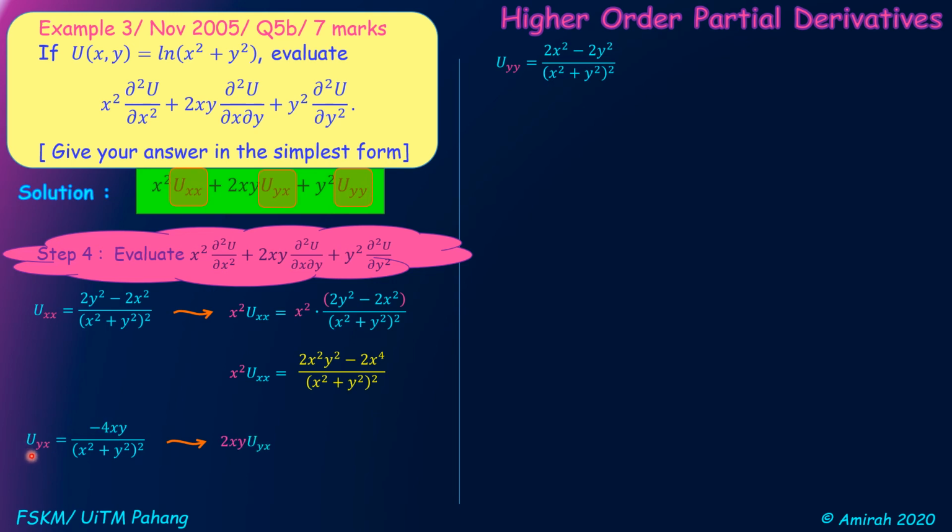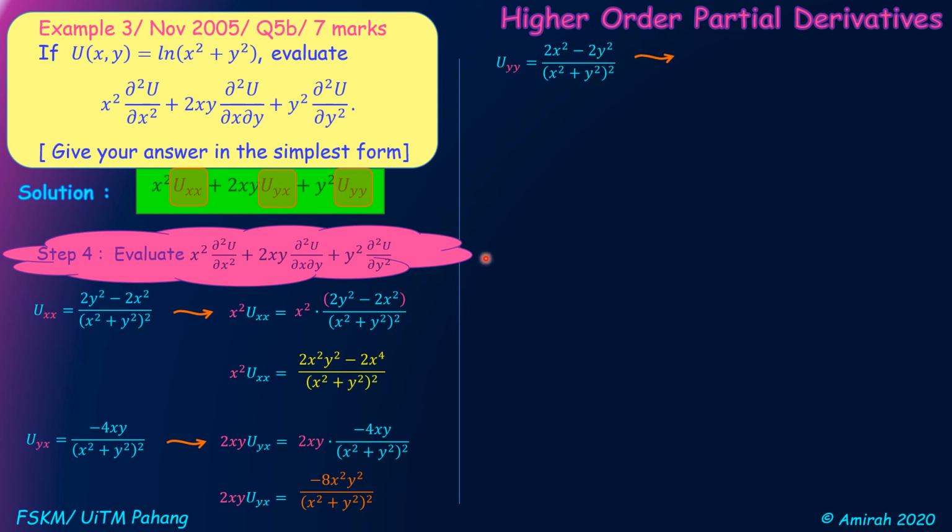And then we find 2xy times uyx, which equals negative 4xy over (x squared plus y squared) squared. After we multiply, we get negative 8x squared y squared over (x squared plus y squared) squared. We multiply the numerator only because 2xy means 2xy over 1.